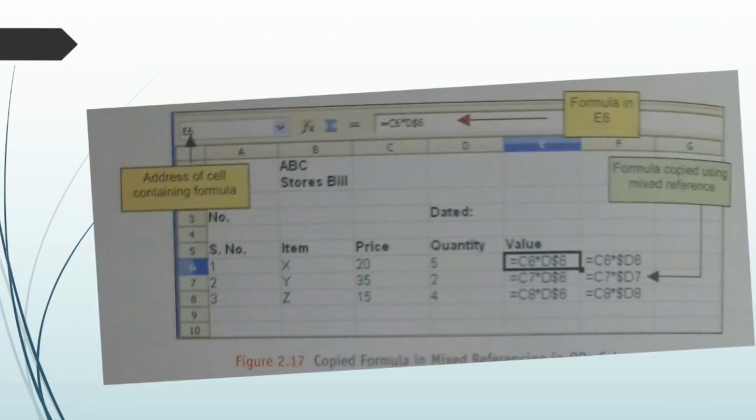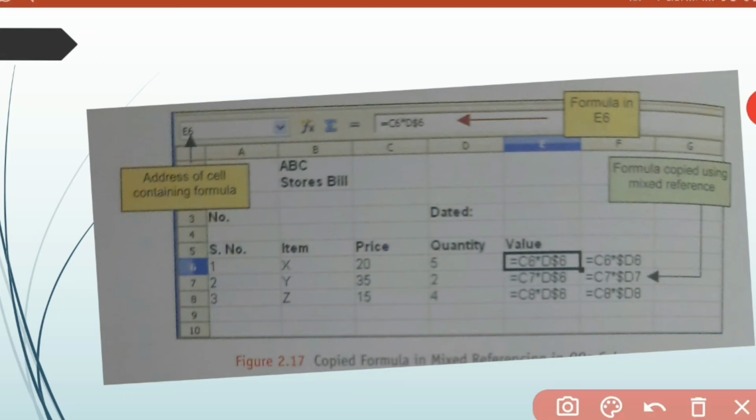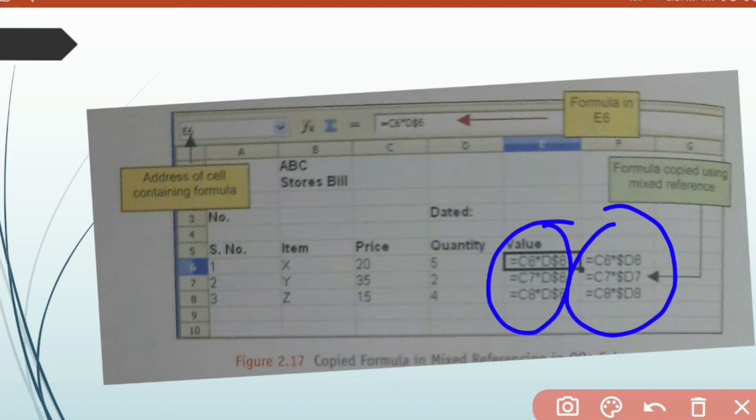Now, if a formula having mixed cell addresses gets copied, only the relative part of it gets updated. The rest remains absolute. You can see here the part which is relative, it gets updated. The rest remains absolute.